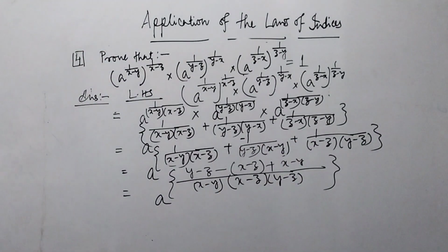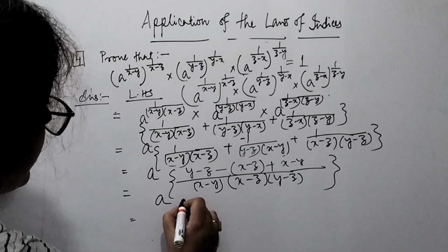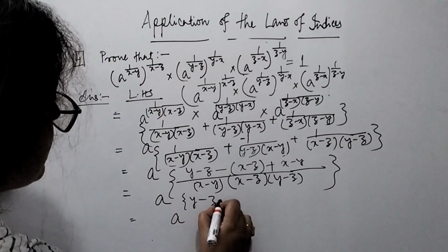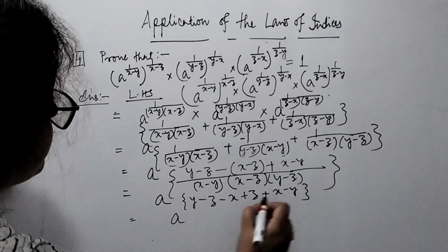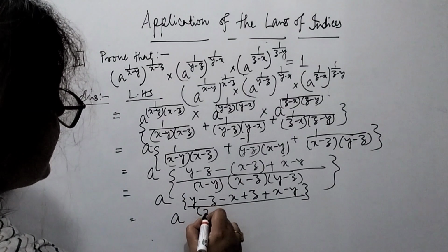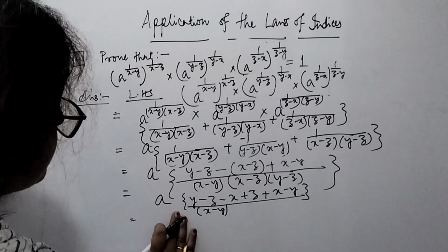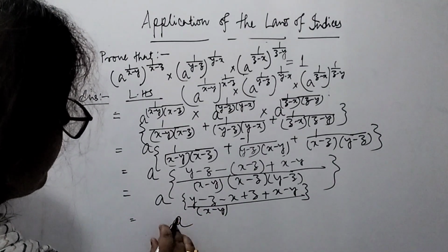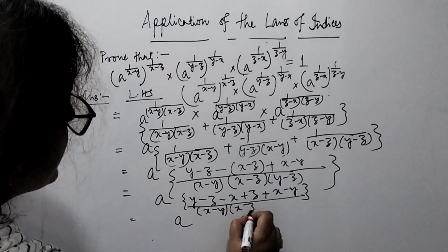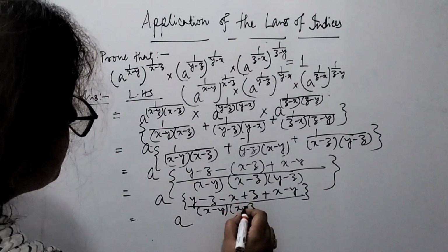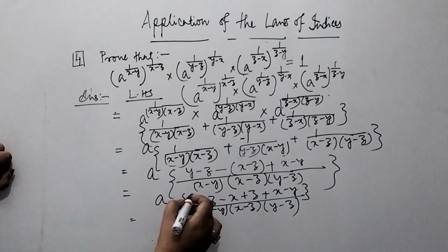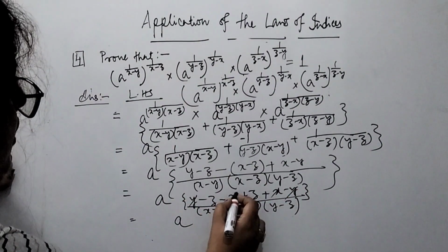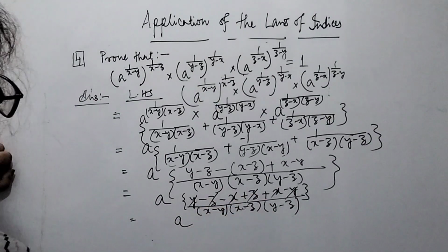So here we get a to the power (y minus z minus x plus z plus x minus y), and in the denominator we'll get (x minus y)(x minus z)(y minus z). Here we find all the y's are cancelled, both the x's are cancelled, both the z's are cancelled.